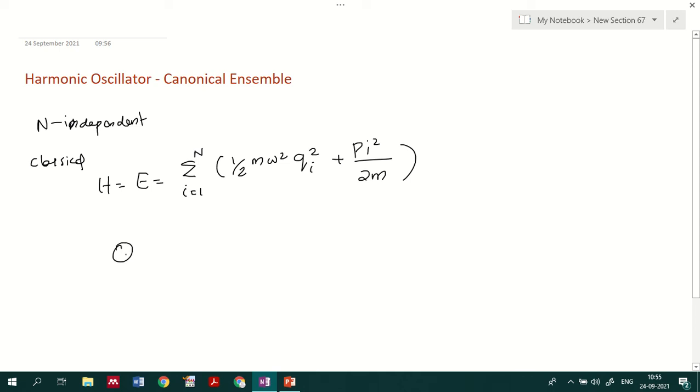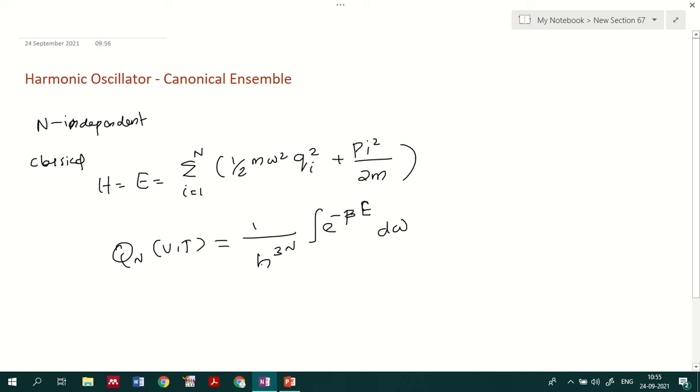Now we know the general representation of a partition function Q_N(V,T) that we represented in the last class, that is 1 by h raised to 3n integral e raised to minus beta E d omega, where d omega is the phase space volume and h raised to 3n is the corresponding fundamental volume for 3n states.